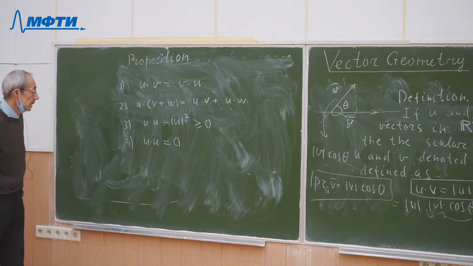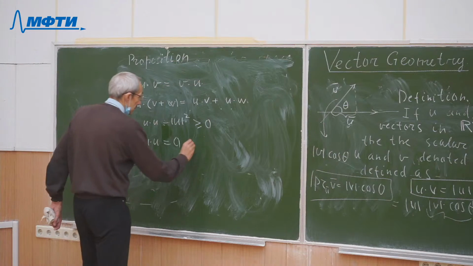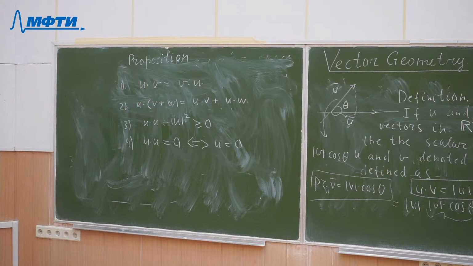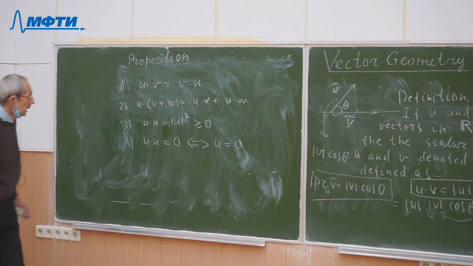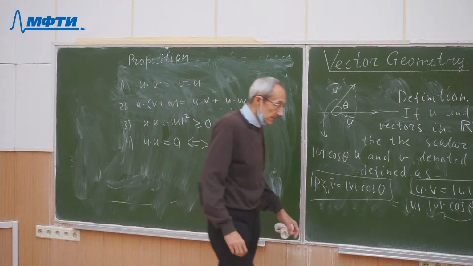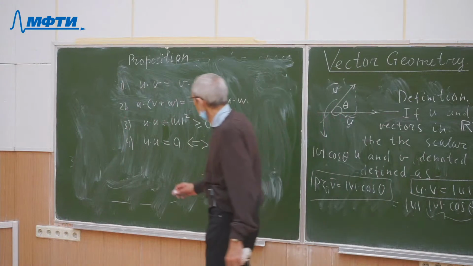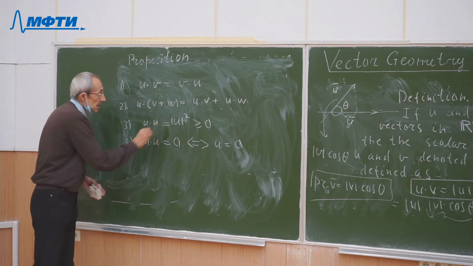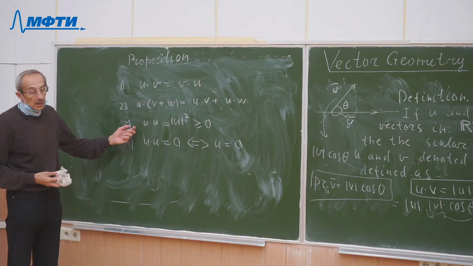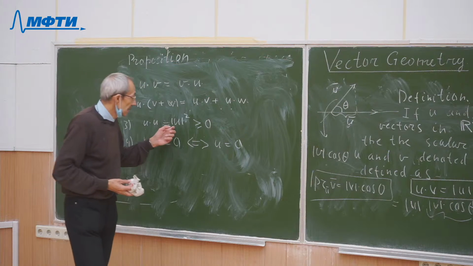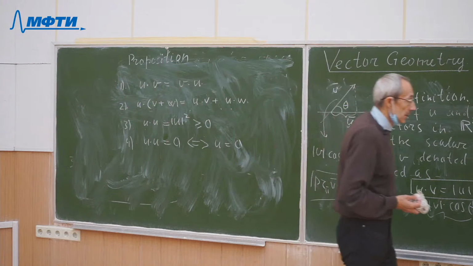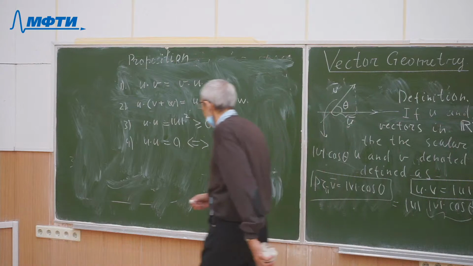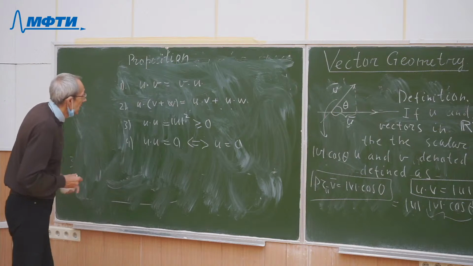And the scalar product is equal to 0 if and only if u is equal to 0. It is easy to see this important third property: the scalar product is exactly the square of the length of vector u, and exactly the square of the distance which is defined by vector u.